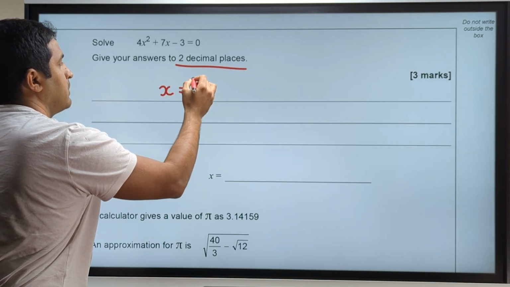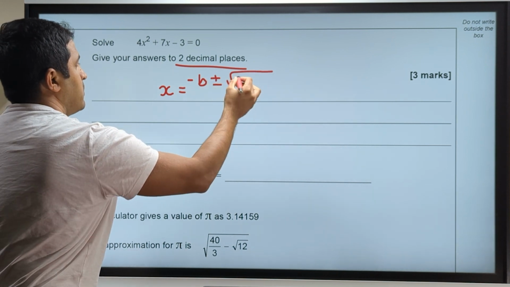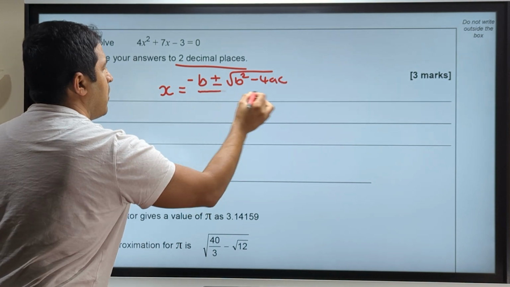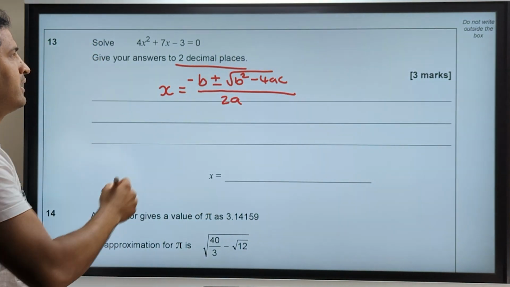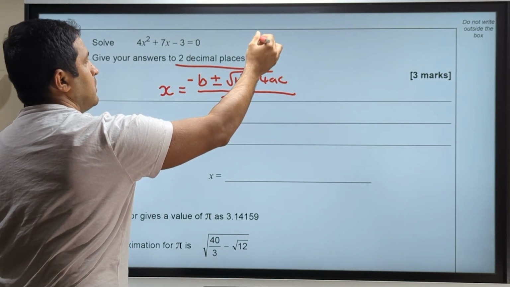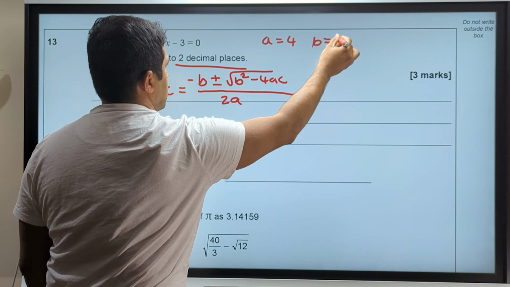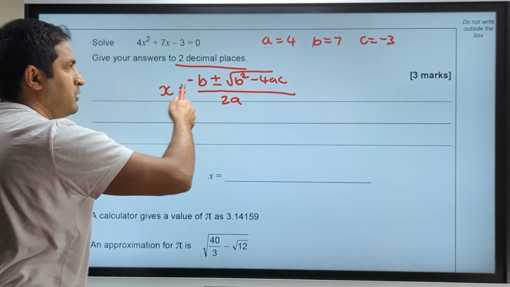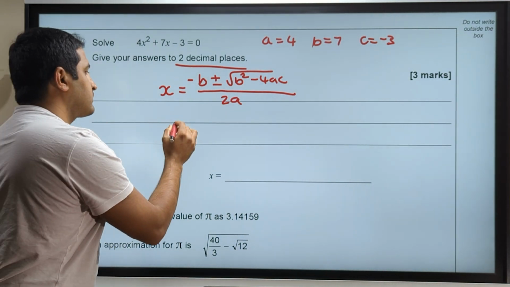The quadratic formula goes something like that. x is equal to negative b plus and minus the square root of b squared minus 4ac, everything over 2a. So now we've got three letters that we can use. a is equal to 4, b is equal to 7, and c is equal to negative 3. Substitute those numbers in here and you will get your answer.